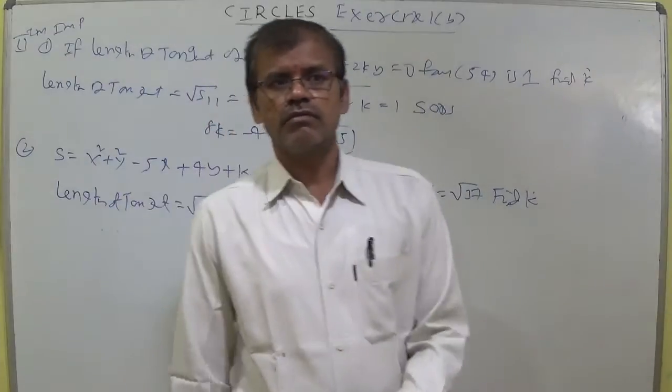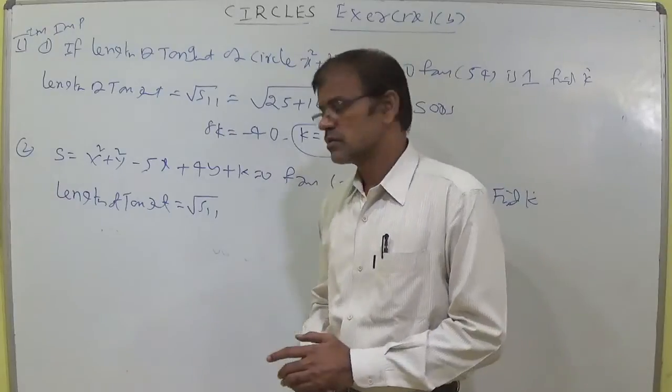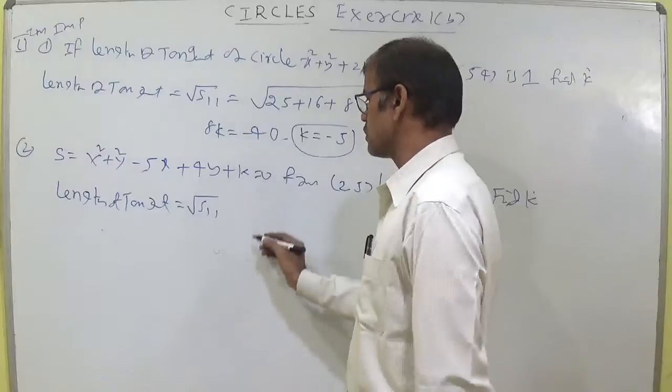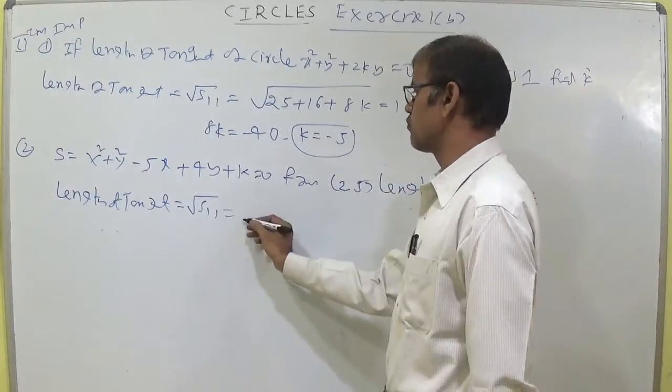Whenever the coefficient of x square is 2, like 2x square plus 2y square, then you should write it in standard form. Otherwise, no need to write in standard form. Root S11: substitute the value (2, 5) here.